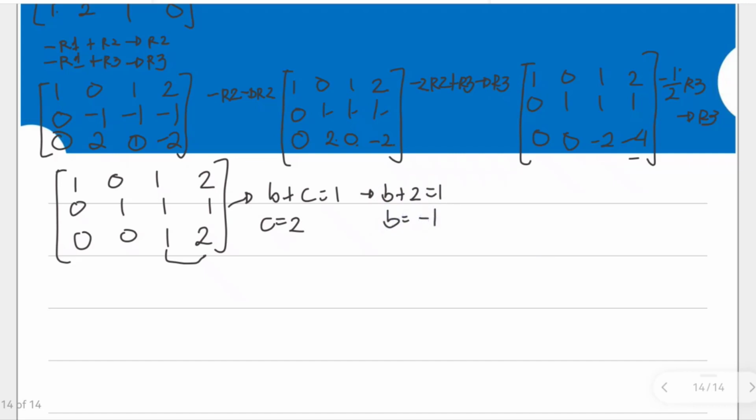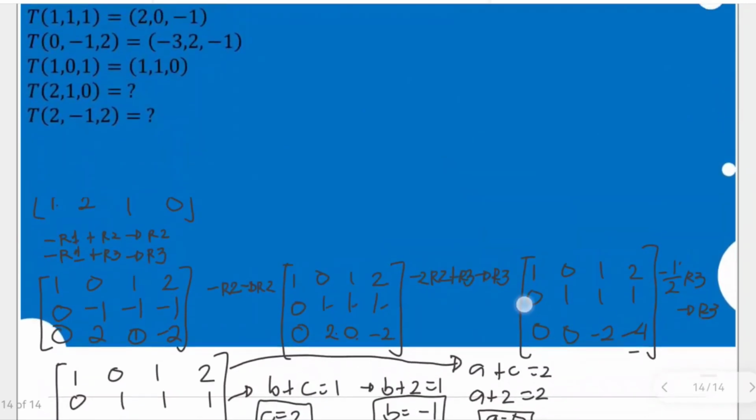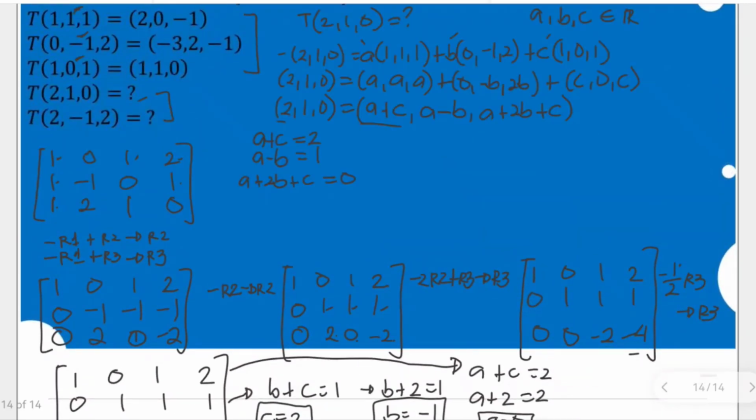B is negative 1. And for our first equation, you have A plus C equals 2. A plus 2 equals 2, so A is 0. These are your three coefficients needed for this here.